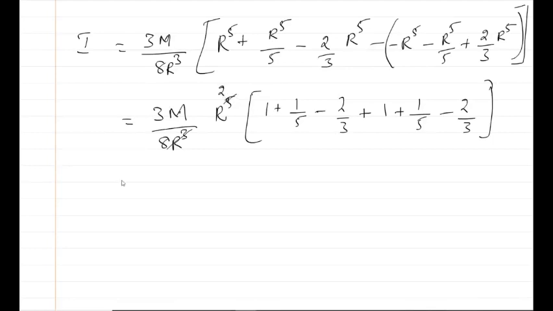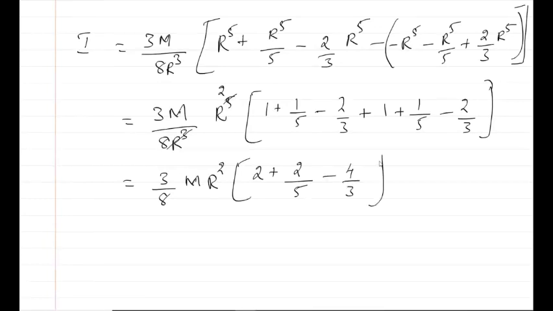You can cancel it. This becomes 3 by 8 mr square, and you have 1 plus 1, that gives you 2. 1 by 5 plus 1 by 5 gives you 2 by 5, and minus 2 by 3 minus 2 by 3 will give you minus 4 by 3.